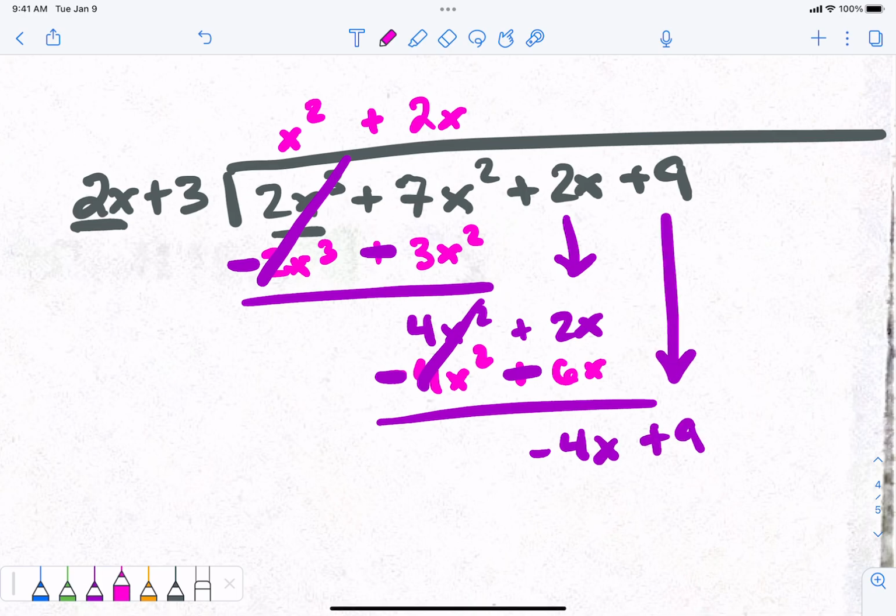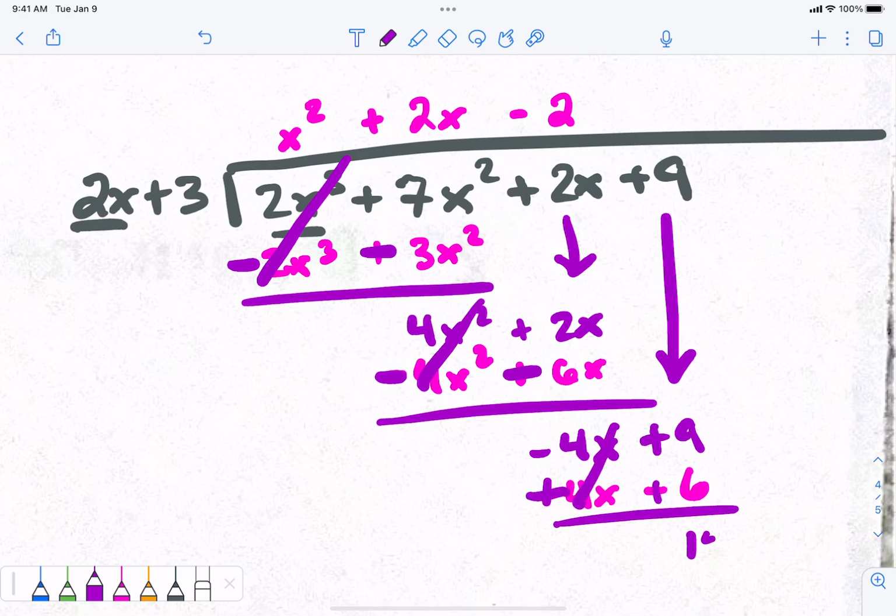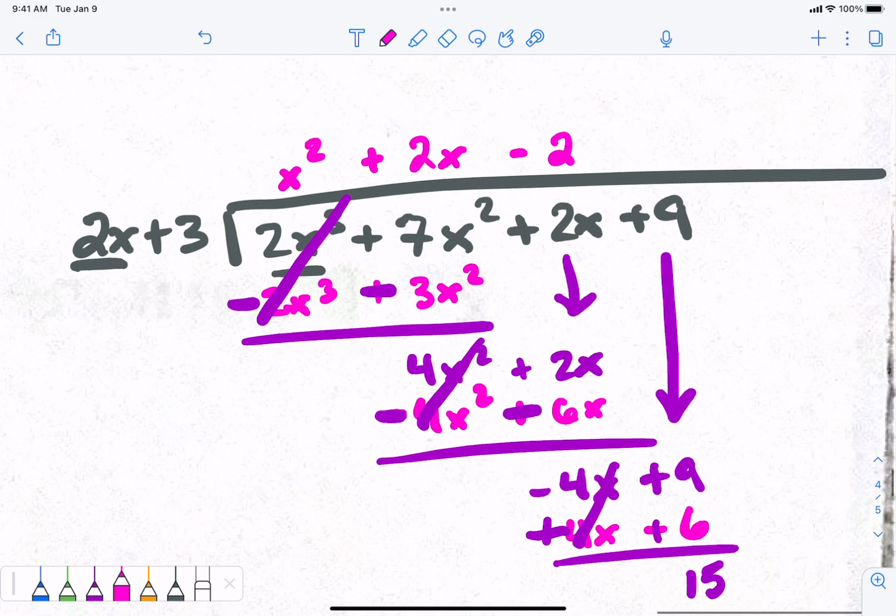Okay, begin again. Multiply by 2x to get negative 4x: negative 2. Multiply it back through is negative 4x minus 6, but then I have to change the signs: plus, plus. So my remainder is 15. So plus 15 over 2x plus 3.